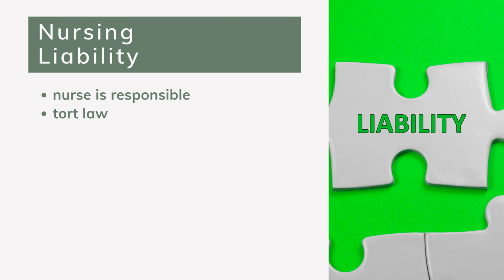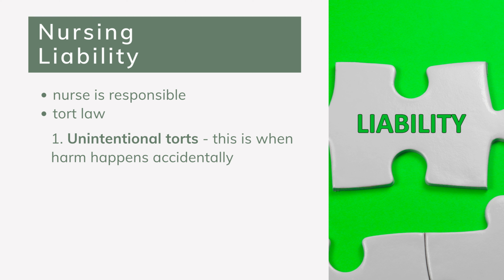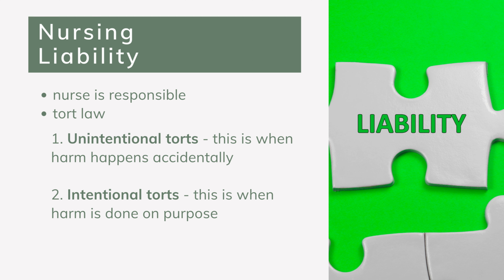It's important to distinguish between two types of torts: unintentional torts, such as negligence or malpractice, where harm wasn't intended but still occurred due to failure to meet standards. We also have intentional torts, where the nurse's actions were deliberate, such as threatening or restraining a patient without justification.